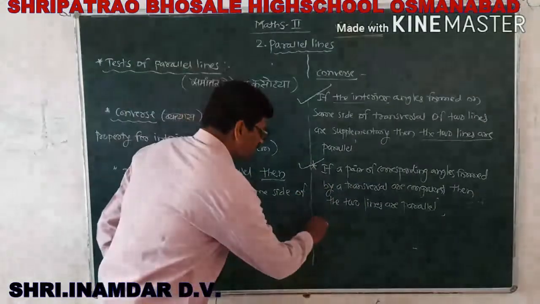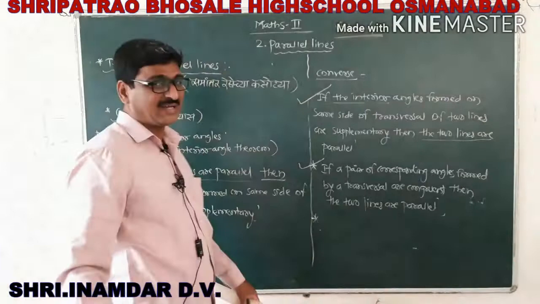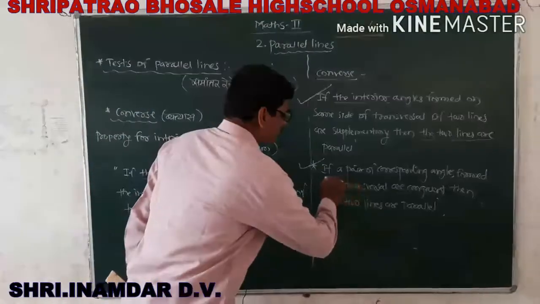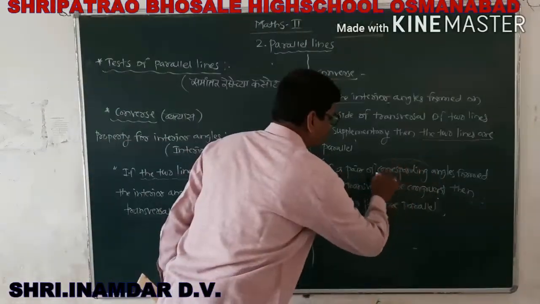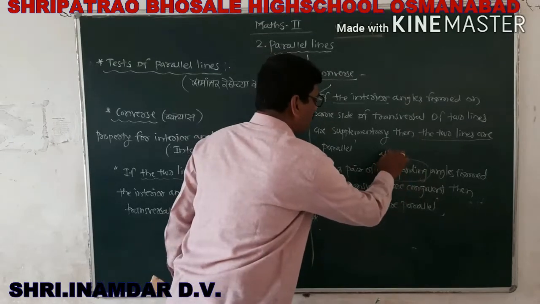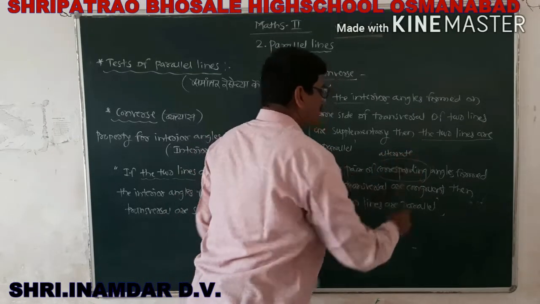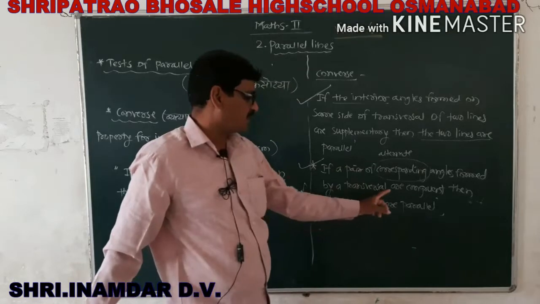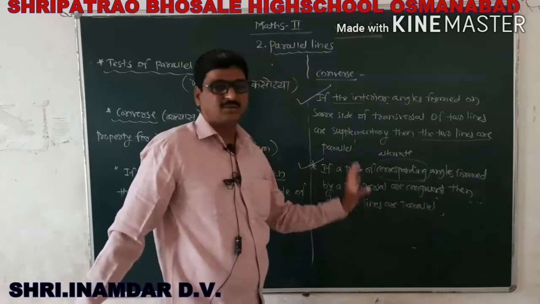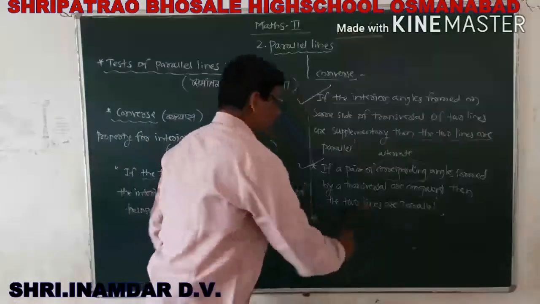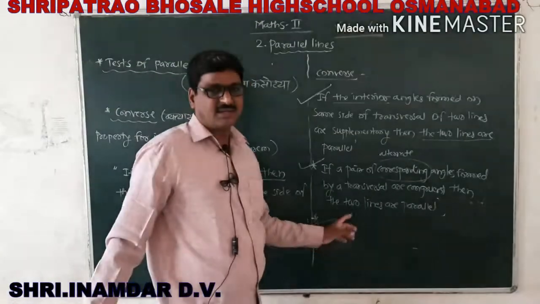And similarly the test for alternate angles: the same statement, but instead of corresponding angles we write alternate angles. If a pair of alternate angles formed by a transversal are congruent, then the two lines are parallel. So this is the alternate angle test.